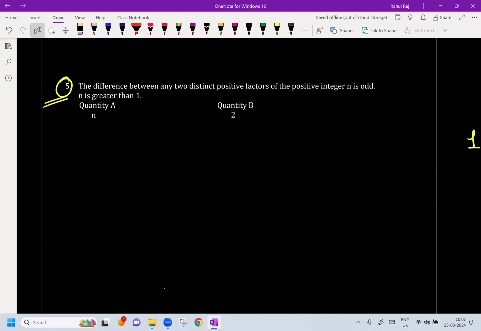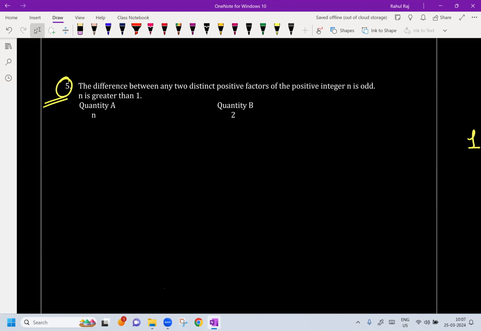The difference between them is 5. So it satisfies everything. That means quantity A is greater than B, and you can't take anything less than 1 anyway. So quantity A will always be greater. It can't be equal, I mean it can be: if you take n as 2, then 1 and 2, 2 minus 1 is 1. That's the only other thing that disproves it.